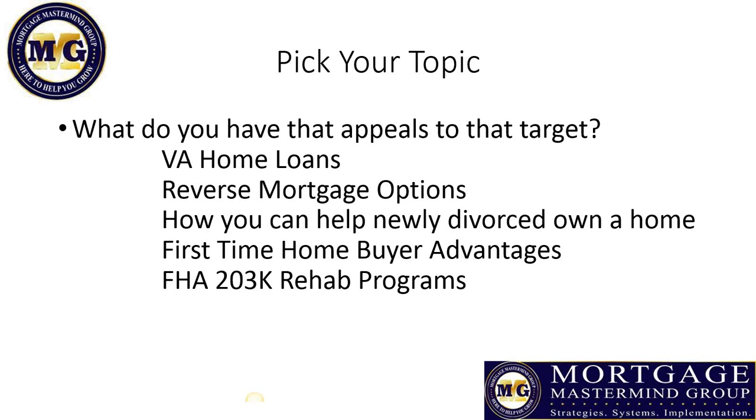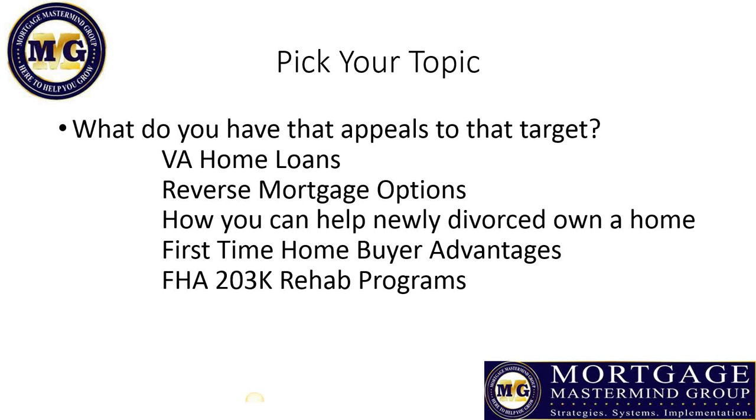There are FHA 203K rehab programs for that family, the new parents, who maybe own their home already but need to extend it, or do a rehabilitation of some sort to get it baby ready. Those are great targets, and that's a great offering that would definitely appeal to somebody in that target audience.